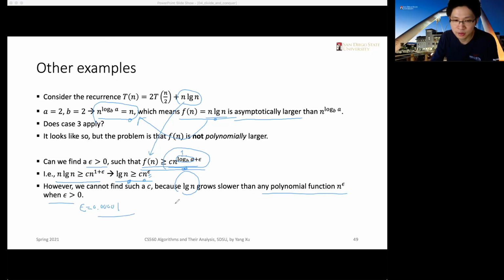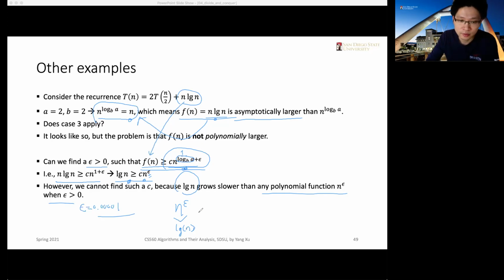If we consider the function n to the power of epsilon, it has a higher order. It grows faster than logarithm of n. So eventually, as n increases, n to the power of epsilon will be greater than logarithm of n. That is a mathematical property we need to keep in mind, particularly for analyzing recurrences that have logarithm functions involved.